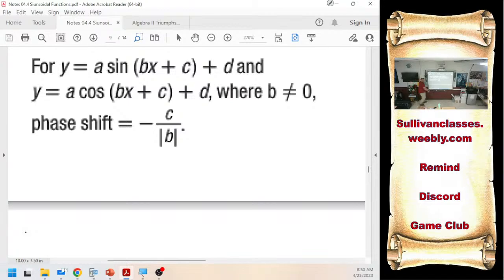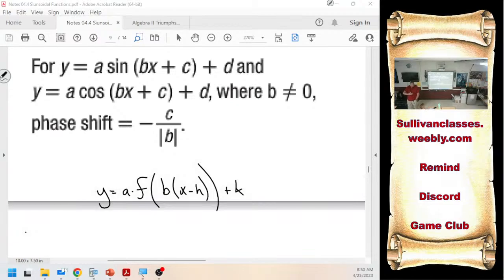Notice that in the past, we've always had y is a times f of b, and we always separated b from the x minus h. But in the standard form of sine and cosine functions, they don't do that. So if I wanted to know what c is, I would have to factor out b and then solve for that.